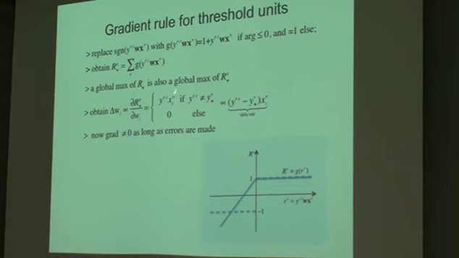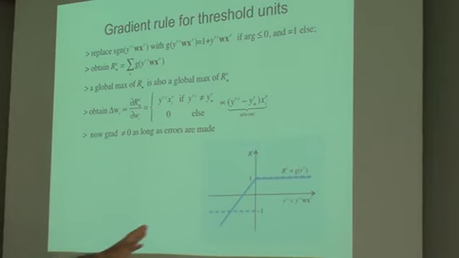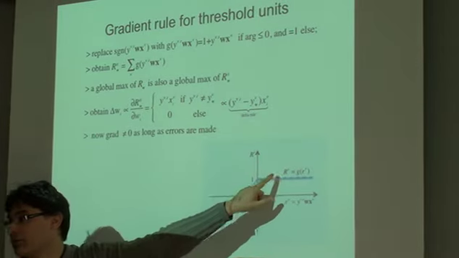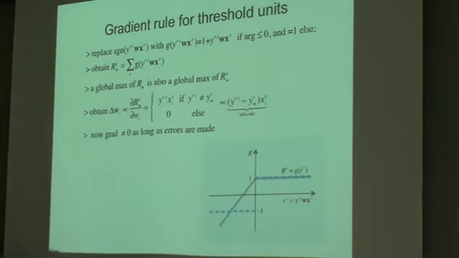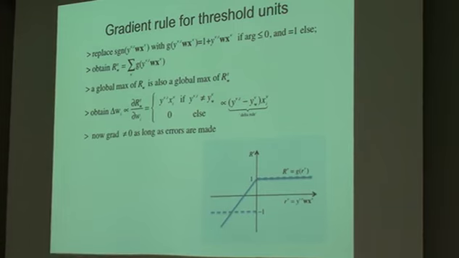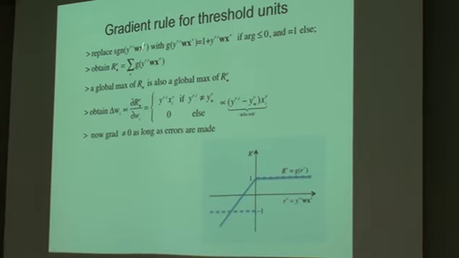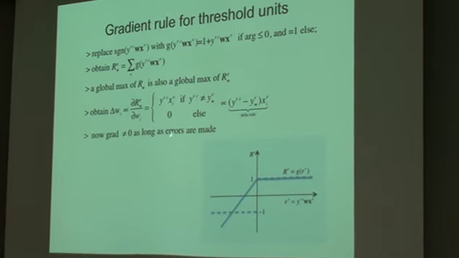Now, if you look at the gradient of this function, as long as errors are made, it is different from 0. The gradient is 0 here, but you don't care, because you don't want to do anything when you have a good classification. In the other case, you actually want to change things. If you take the gradient of this function, you get that.